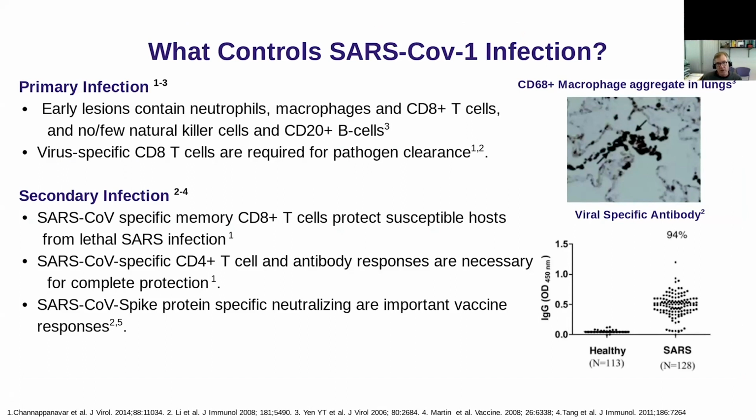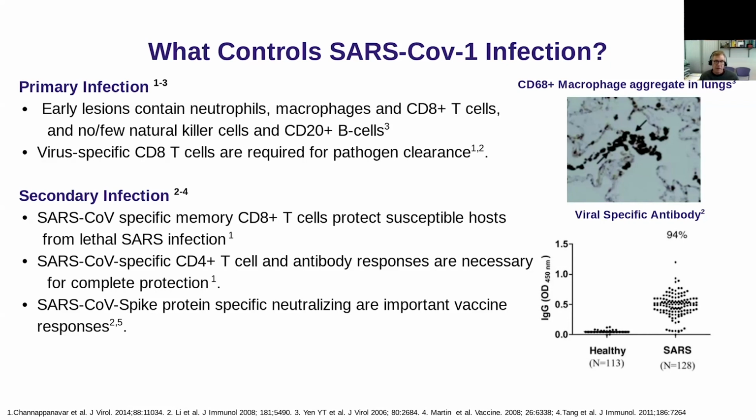Now, in terms of SARS coronavirus 2, we have to rely on some studies done with the coronavirus 1 infection. And it's quite clear that when you look at the lung, what's responsible for clearing the infection in the lung is innate immunity initially, both neutrophils, macrophages, and CD8 positive T cells. And there are very few natural killer cells and B cells in the lung lesions.